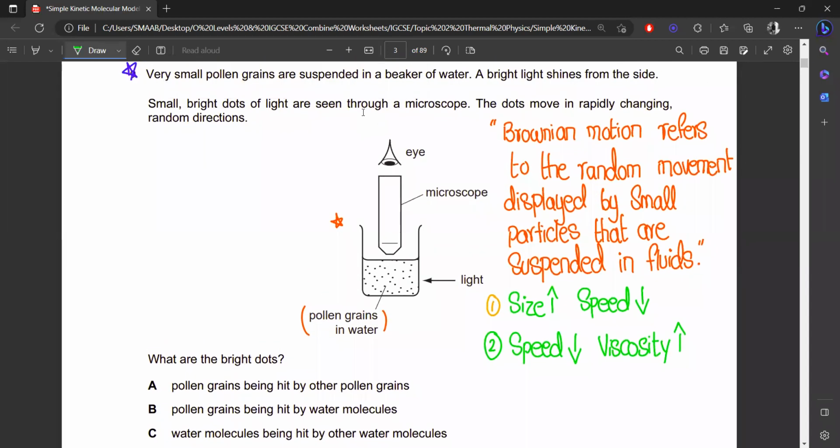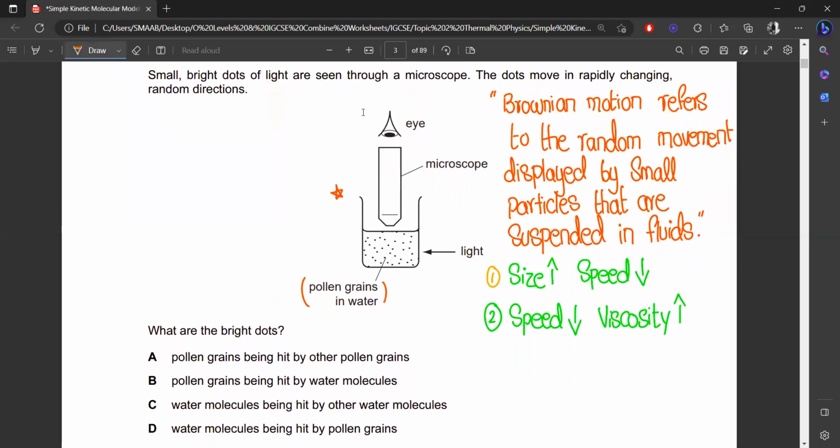So according to Brownian motion, we have a concept that the particles are going to be hit by the molecules of the liquid, right? When the molecules of liquid collide with the pollen grains in water, when they both hit each other, it will produce a bright dot over there, right?